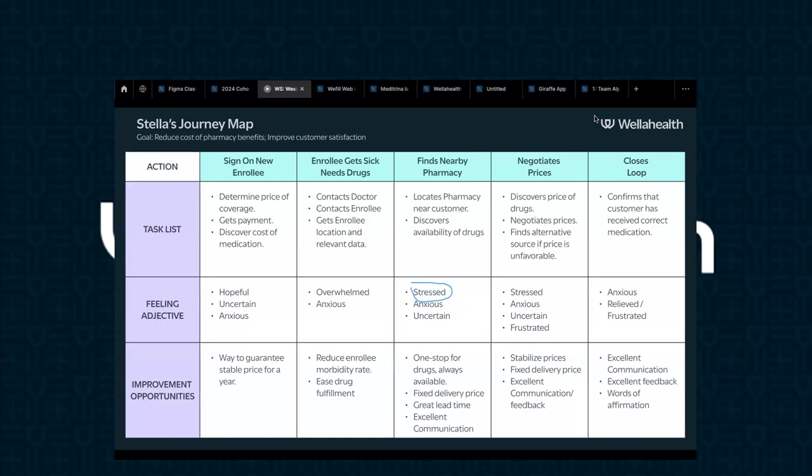It met the user on an emotional level, even if the problem was not solved for her. So that's the importance of thinking about the feeling a user must be having at every step of solving a problem, and trying to find a way to improve on that feeling. Even if you're not improving on the task, you can improve on the feeling.